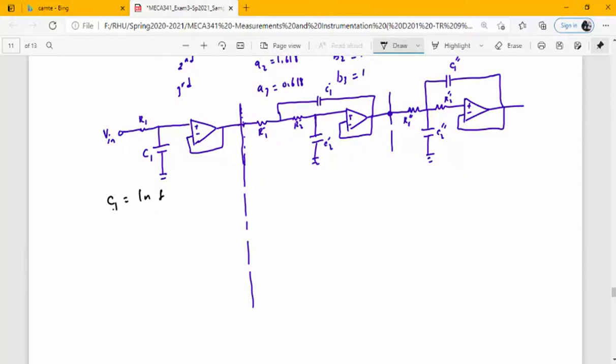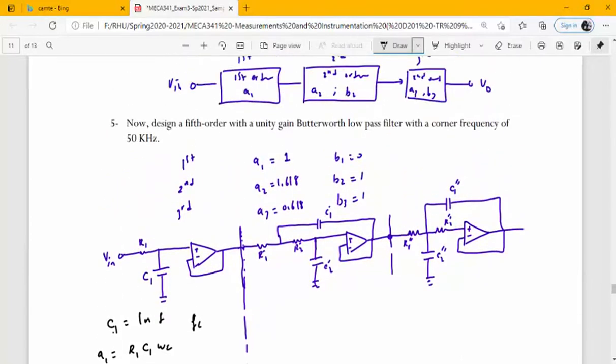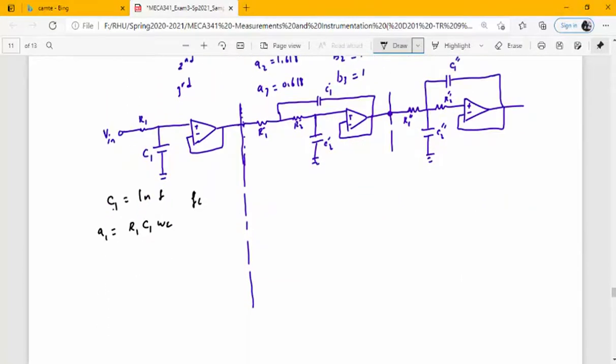You know that A1 is equal to R1 C1 omega C, and the cutoff frequency for each filter is 50 kilohertz, 50 times 10 power 3 Hertz.